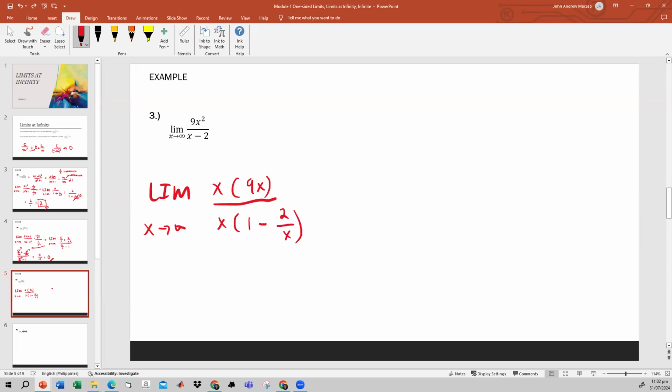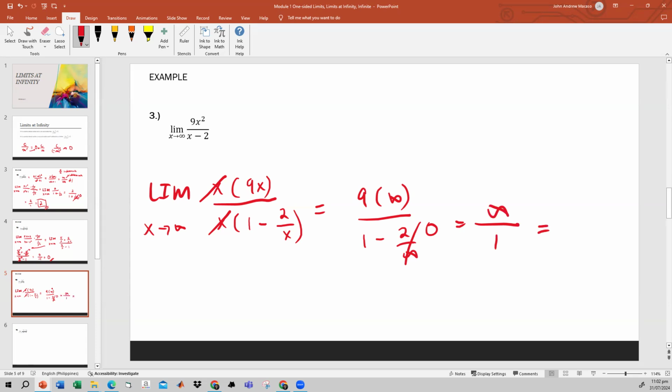So in that case now, I can easily cancel out x, class. And we can now evaluate the limit. So this will become 9 times infinity over 1 minus 2 over infinity. So again, the 2 over infinity will lead to 0, right? And since I have now 9 times infinity, this will lead to infinity over 1, or this will become infinity, right?